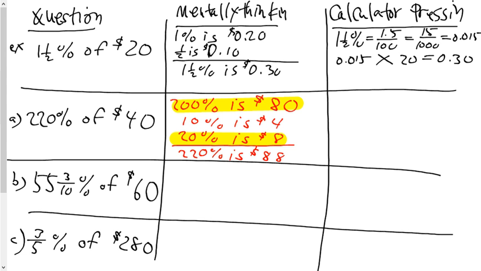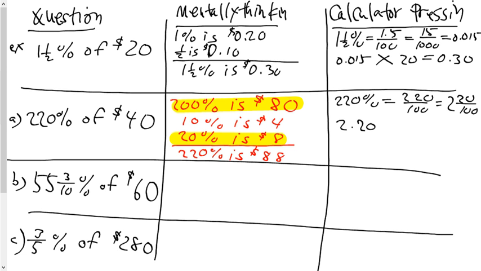For your calculator, since 220% is 220 over 100, then 220% as a decimal is 2.20. Why do I need the extra zero there? No, it's insignificant.